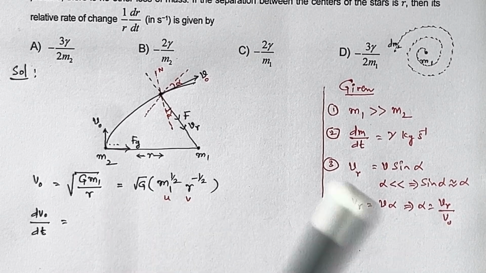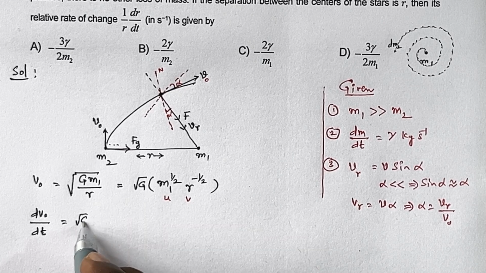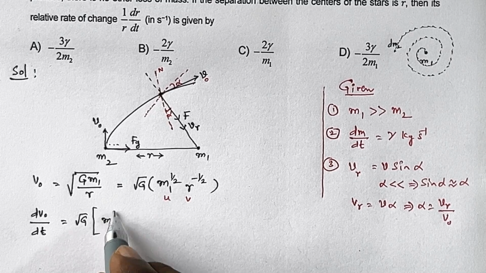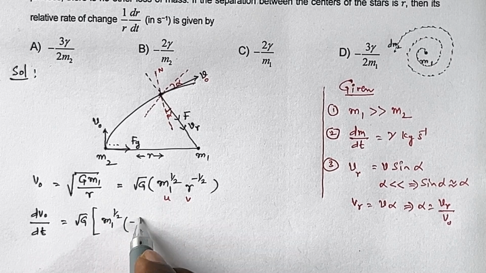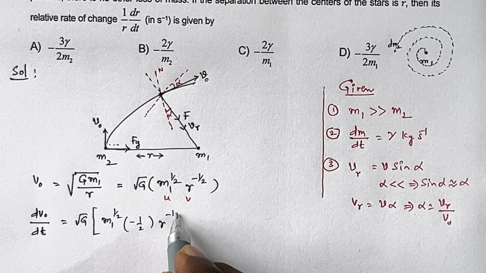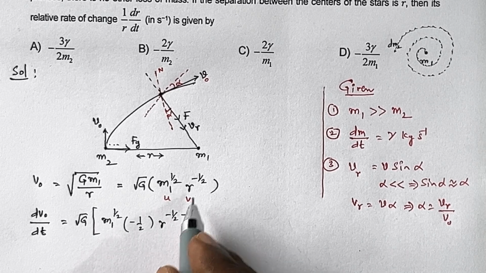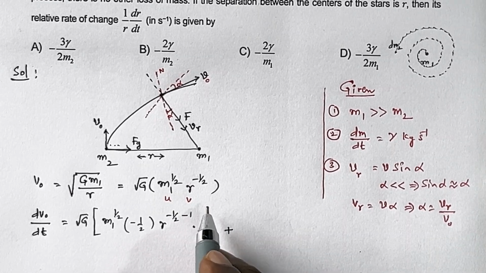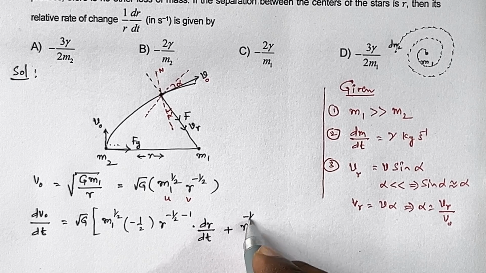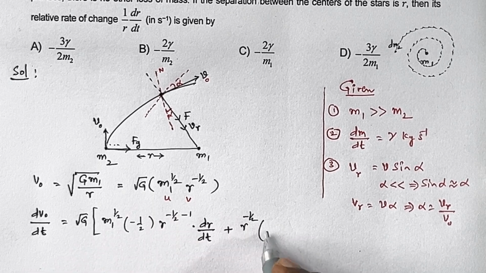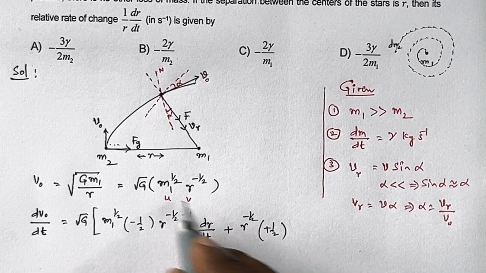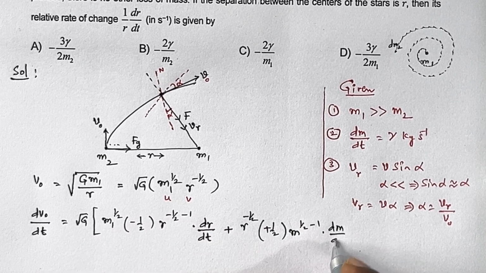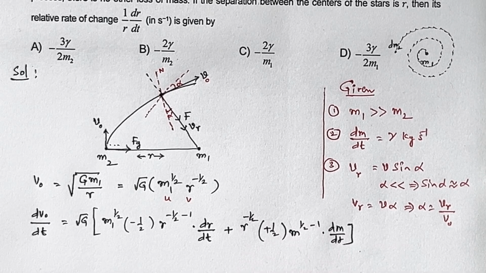So u dv by dx plus v du by dx. Root G is a constant, so I will write it outside. Taking u as m1 power half: u into dv by dt, minus half r power minus half minus 1, into dr by dt, plus v, which is r power minus half, into the derivative of u: plus 1 by 2 m power 1 by 2 minus 1 into dm by dt. Differentiation is over.